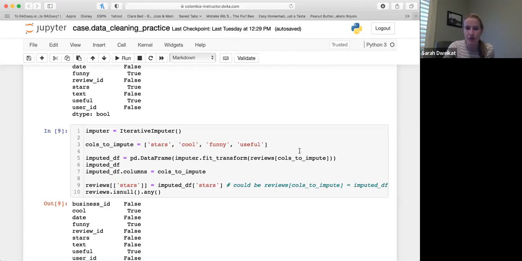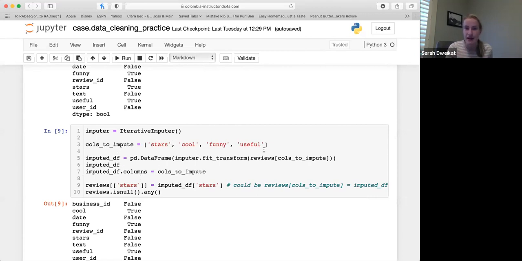Then you have to tell it what data you want to do this fit transform function on, and we want to use our columns to impute, which we defined right here. Then we also need to name our columns for this imputed data frame. It's these right here.